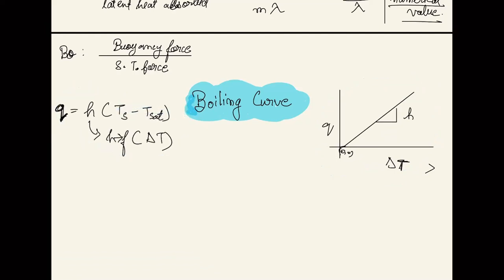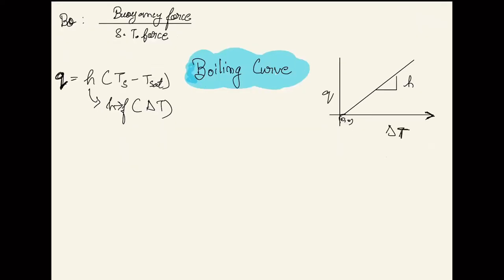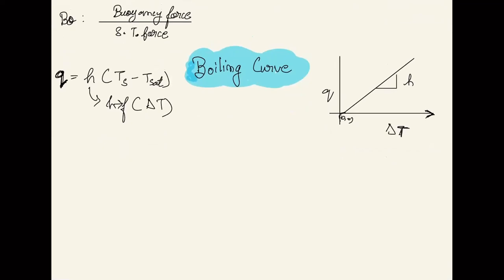Now we'll understand why this particular straight line thing is not coming into the picture, what is actually happening because of which H is also becoming a function of delta T and Q is also becoming a function of delta T, not a straight function but a complex function.